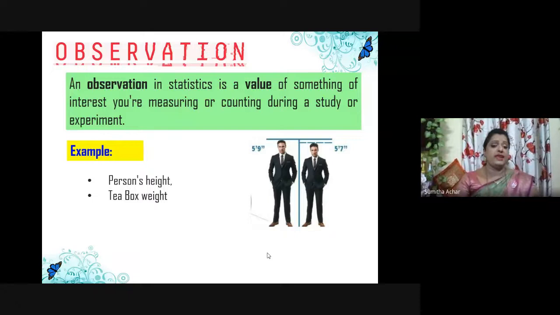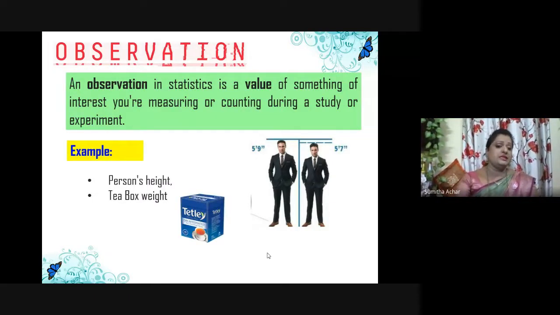The tea box weight is 350 grams; that is nothing but the observation. But understand something: I said height, weight. Height and weight are not observations, right? Height and weight are variables, whereas the value taken by the variable is what is called an observation, right?